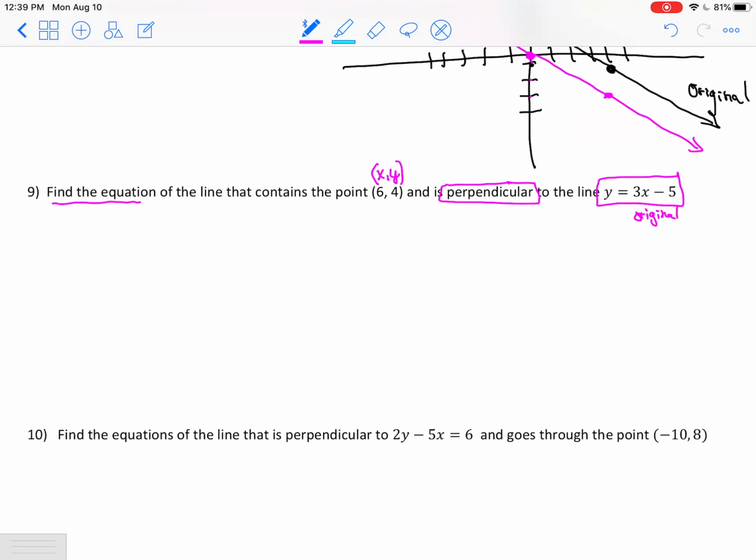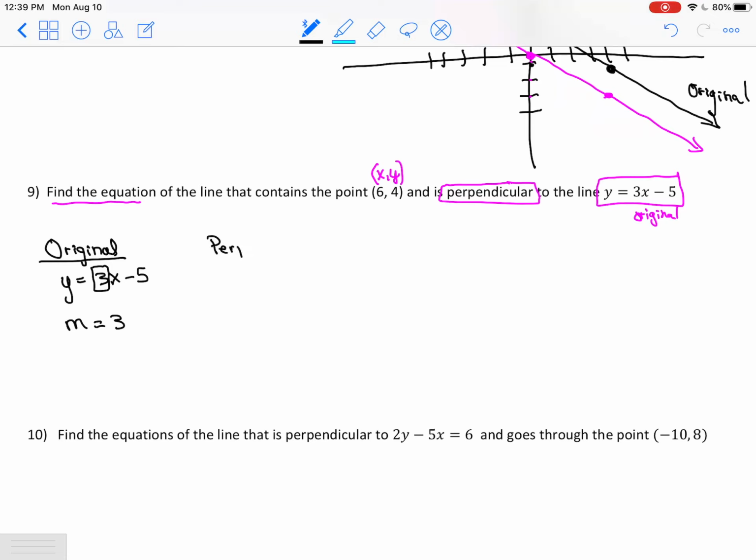All right, so our original: we've got y is equal to 3x minus 5. Luckily, it is already in slope-intercept form, so we're super happy about that. Our original slope is 3.